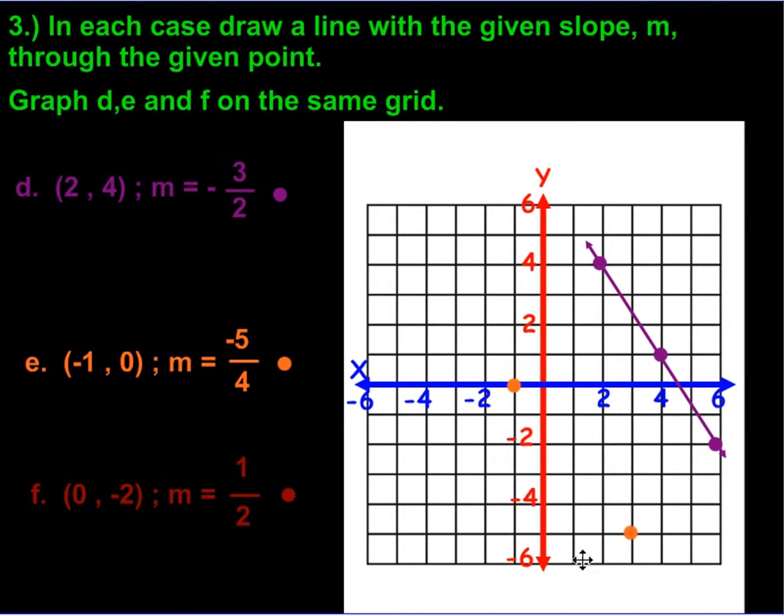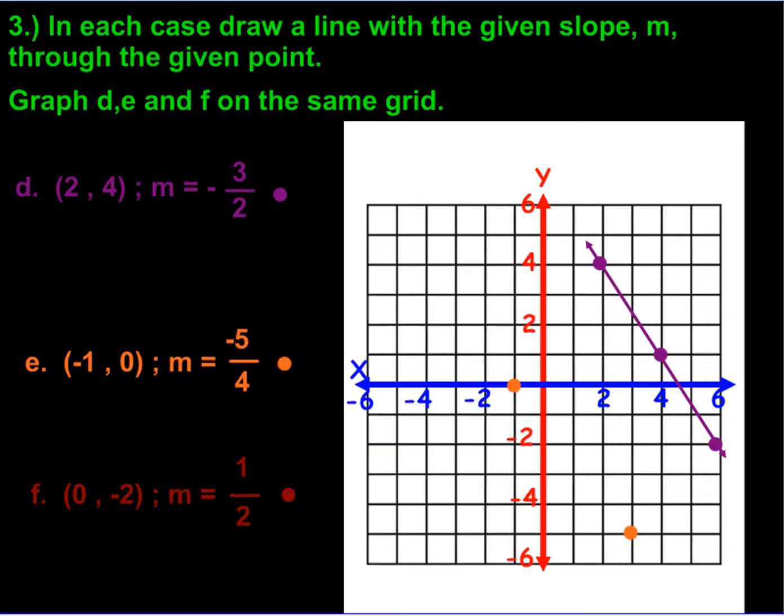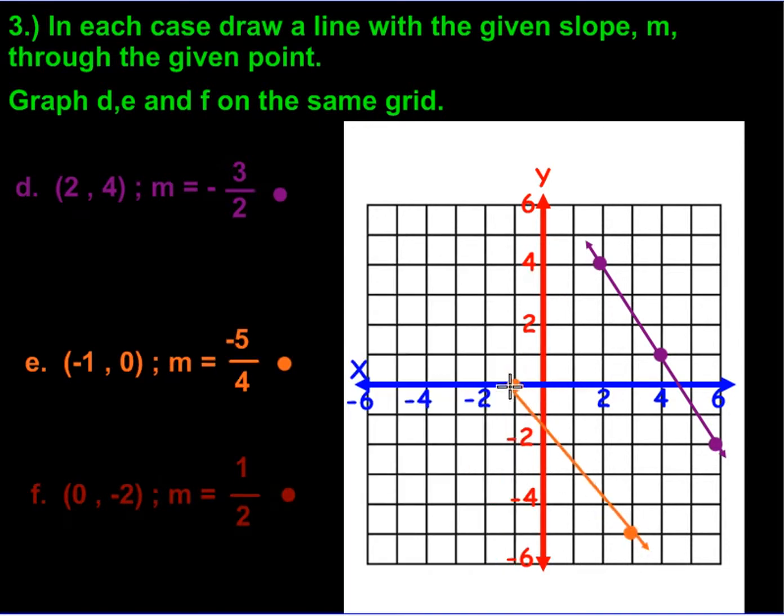Now, my grid isn't big enough to allow me to go 5 down and 4 over again, but I would if I had the room, and that way I would have 3 points. But I'm going to go ahead and put my line through that anyway. So we need to make sure we have arrows on both ends, and we'll make it the same color, and we shall connect the dots. Pull that down a little bit.